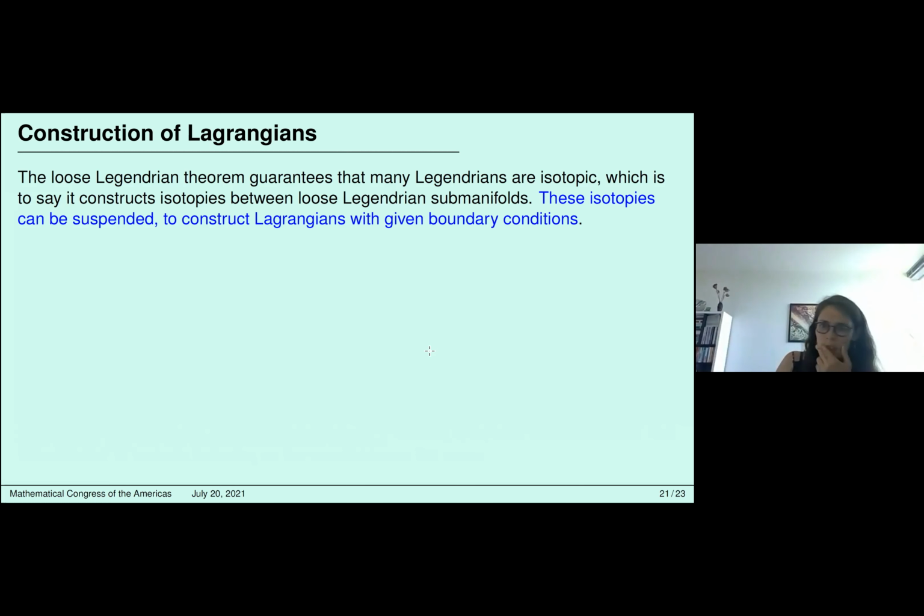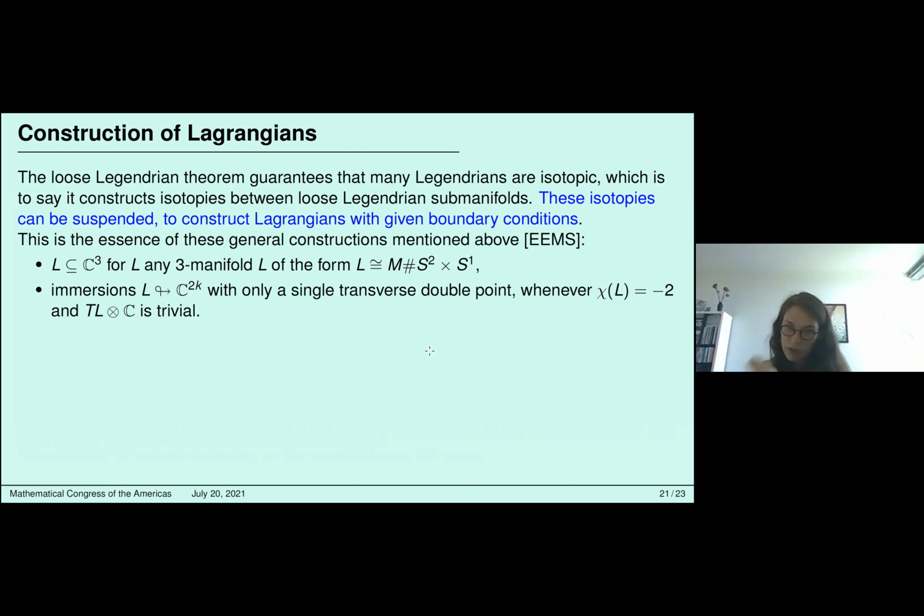So what this loose Legendrian classification theorem is doing when it says that things are unique is that it's a machine for constructing isotopies in the presence of this looseness. And if it's a machine for constructing isotopies, you can suspend those, take the graph of them for every t, and that gives you a Lagrangian with specific boundary conditions. And of course, that's useful. So these constructions that I mentioned earlier come from that.